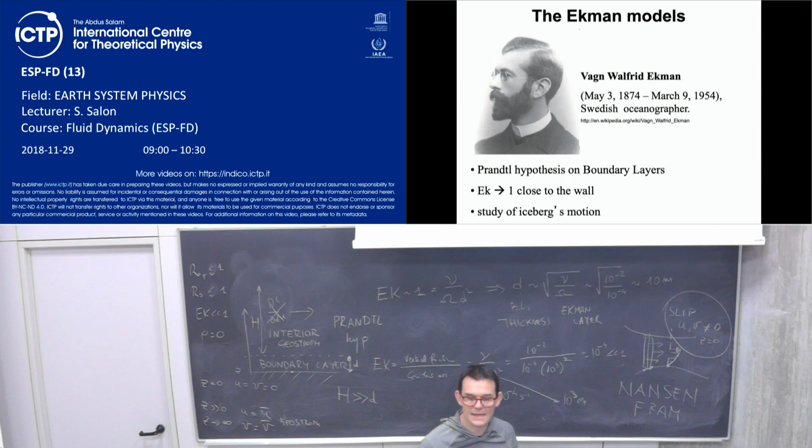Within the ship they had everything: food, a piano, and of course a lot of scientific instrumentation because they were scientists. And what he observed was that the icebergs were never floating in the same direction as the wind. This puzzled his mind. How is it possible?